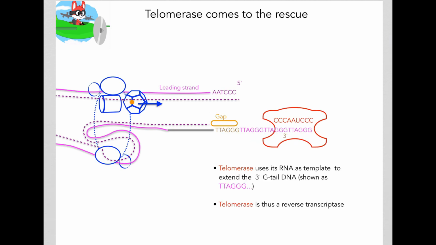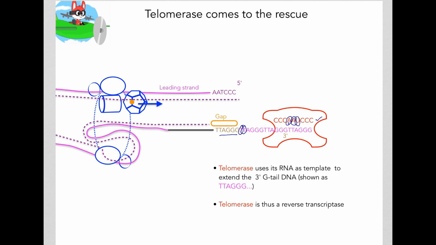Now the telomerase will use this RNA template to extend the tail. For example, you can see the A here has been copied into a T at the end of the tail.